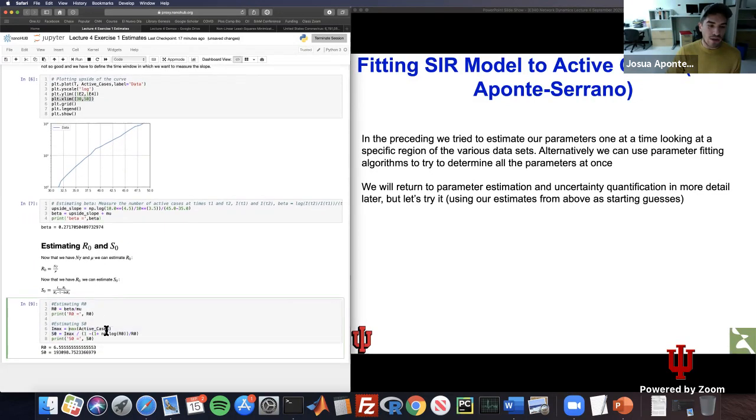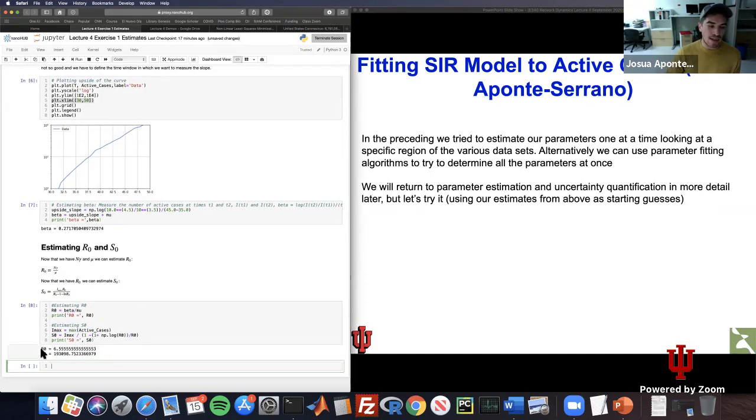To do that, I just apply the max. And once I have the max, using this formula, I can plug in all the values and estimate the parameters.